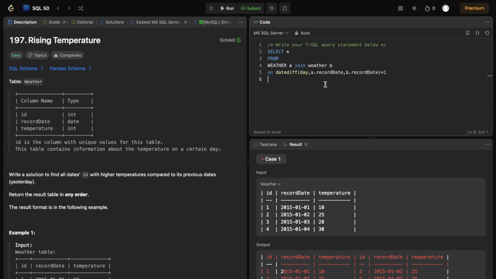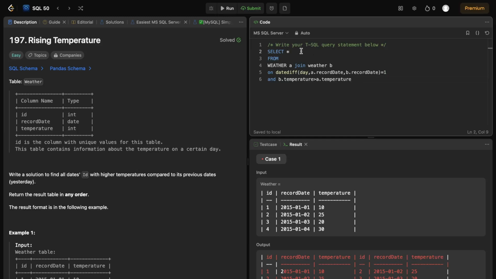So my second condition will simply be B.temperature should be greater than A.temperature, because my second day should be higher than the first day. This part is the B part and this part is the table A part.